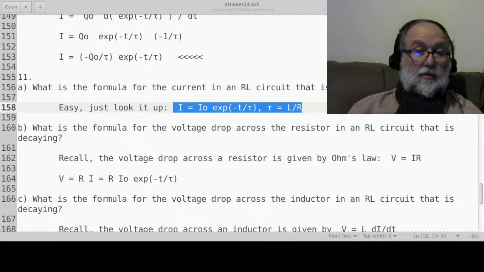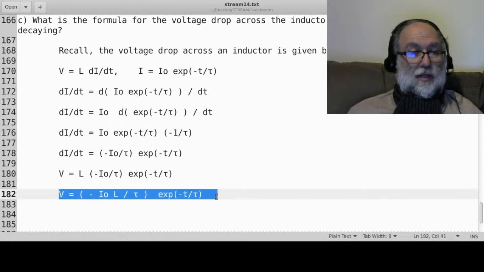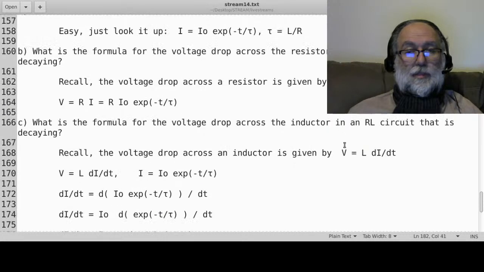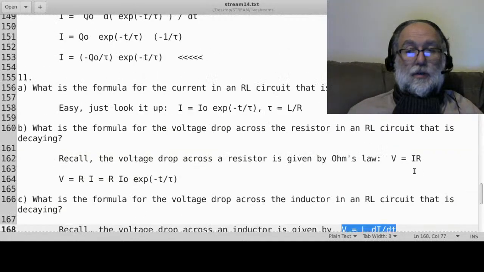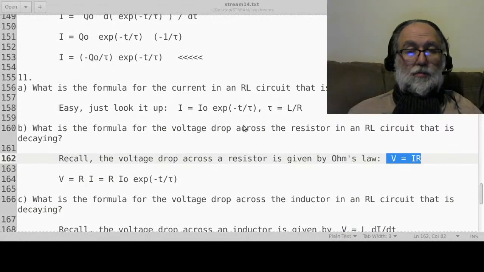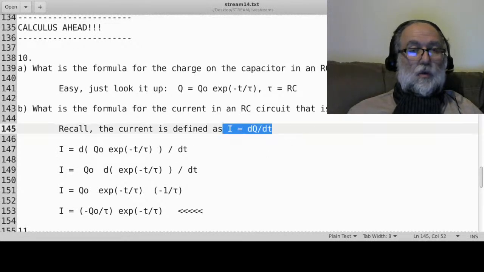For the inductor, yes, there is, and that's what gives you this formula from this formula right there. And so that's one formula you're going to use. Here's another one you're going to use, which is Ohm's law, and here's yet another one, which is basically the definition of current.